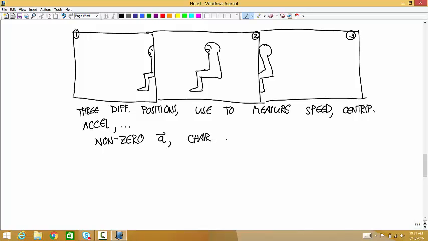The chair measures a non-zero force. And it turns out that Newton's second law holds there.